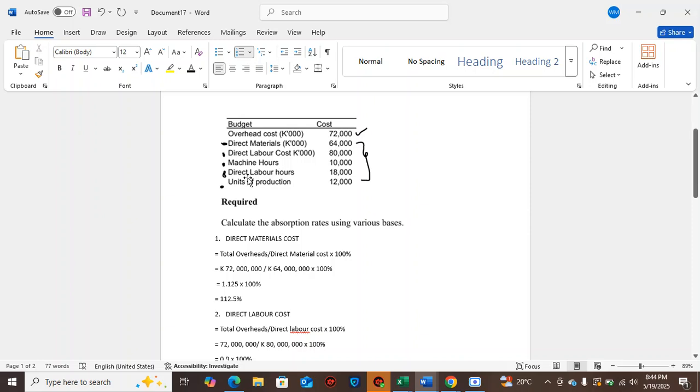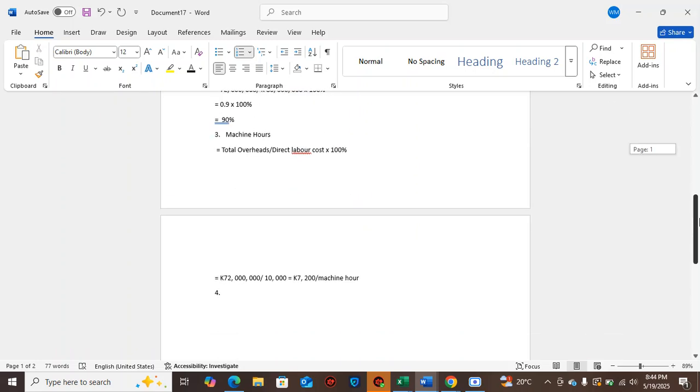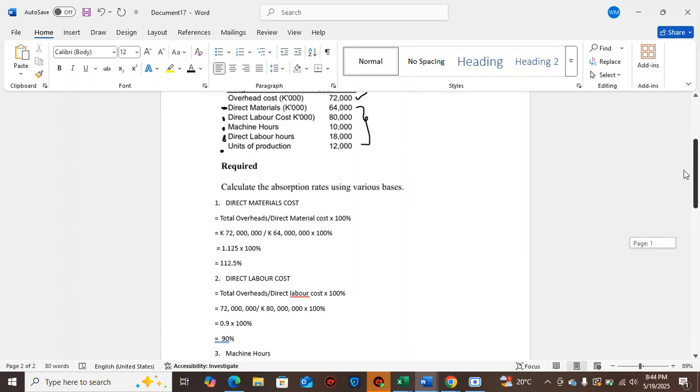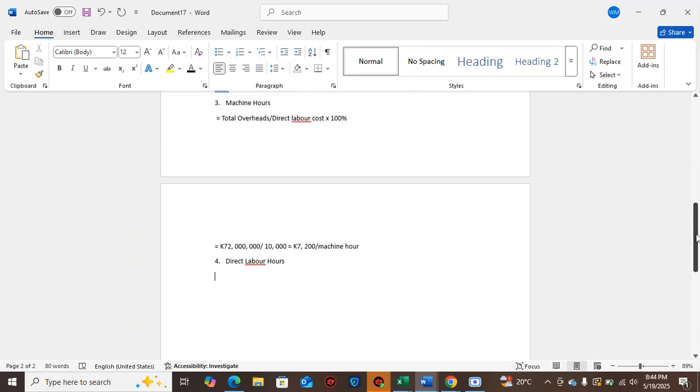If we use direct labor hours, we're going to say total overhead 72 million kwacha divided by the direct labor hours, 18,000 hours. These denominators here, like the one previously, this was 10,000 machine hours. It wasn't a cost.